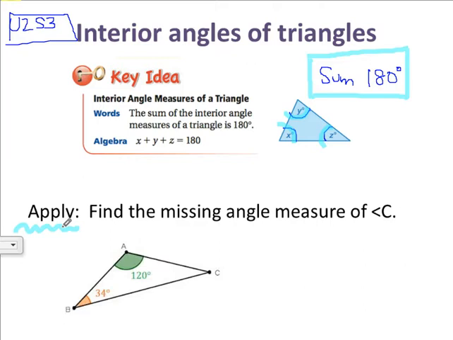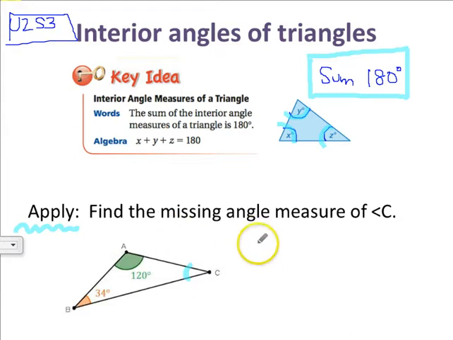There's a diagram of a triangle with two angles that have labeled angle measurements, and you need to find the missing angle measurement of angle C. So how could we do that?